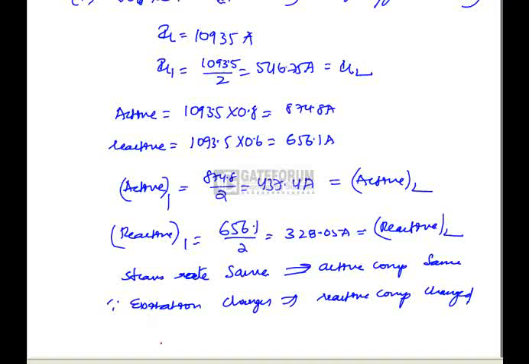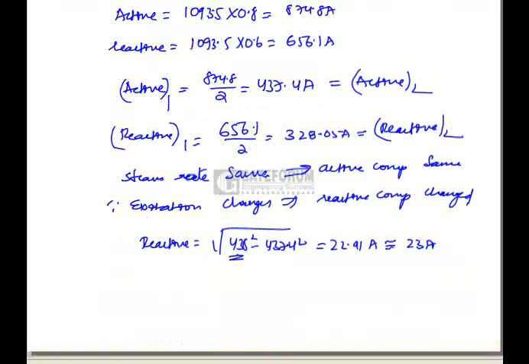Now if you see, the reactive component is root of 438 square minus 437.4 square, which is equal to 22.91 amperes, approximately 23 amperes. Now what is this 438 here? In the question he has given that the armature current of one machine becomes 438 amperes.